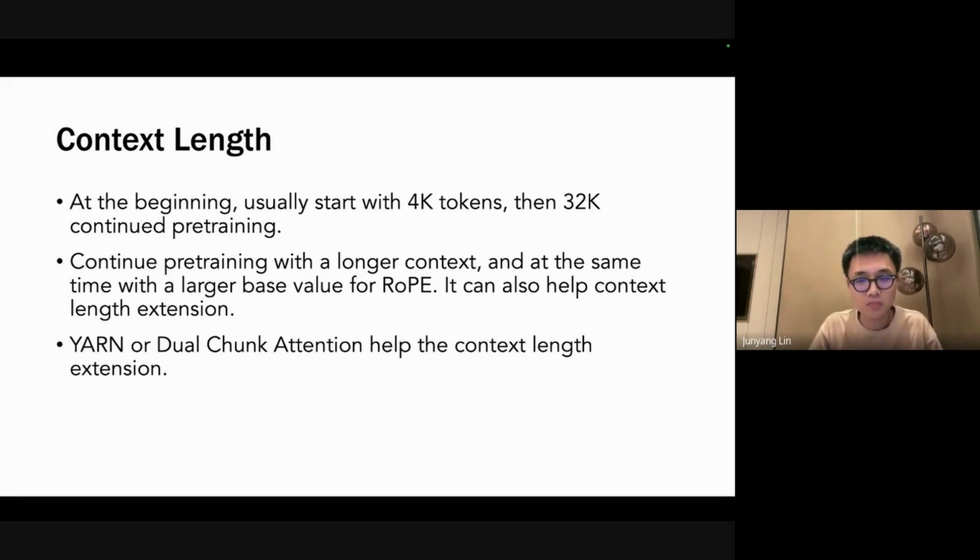And if you have some methods to extend the context length, if you do not do anything, it sometimes can extend 2 to 3 times. It is very easy. You just need to use a larger base value. You remember the base value for RoPE. Usually it is 10,000, but we actually use 1 million, and sometimes we use 5 million. So if you train it with 1 million, you can extend it to much longer context.